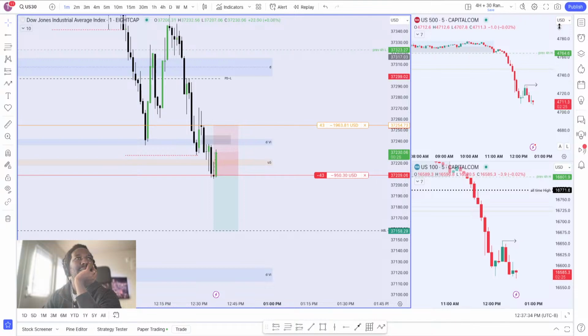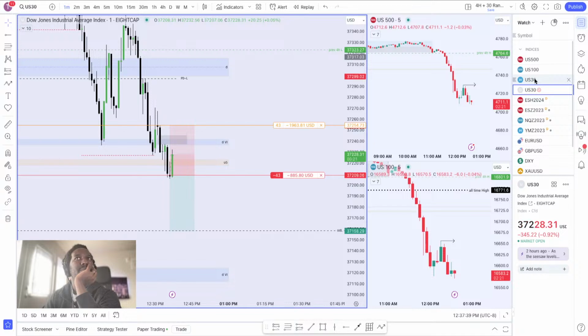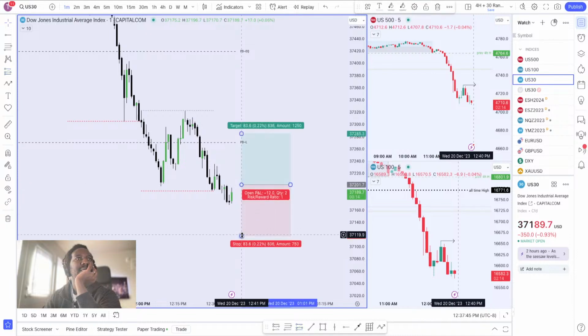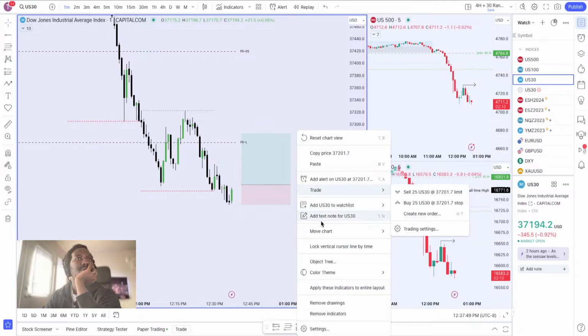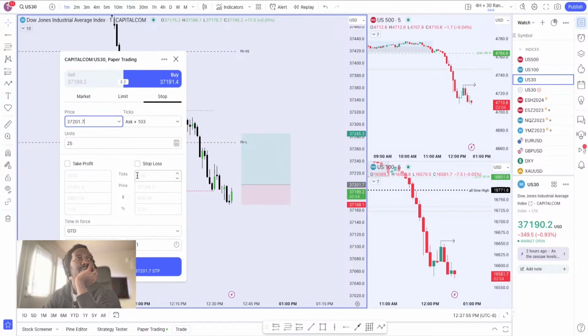Oh my gosh. Let me do it on another provider, right? So let's do it on capital.com. That high is my buy. Now this right here is not trading. Oh, trade, buy, stop. That stop loss is 326.